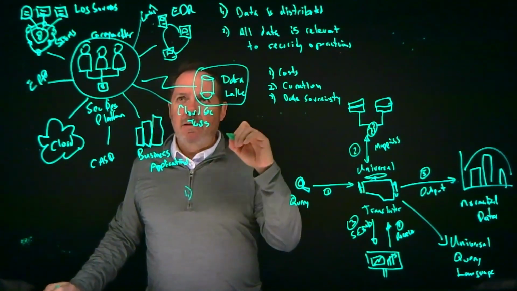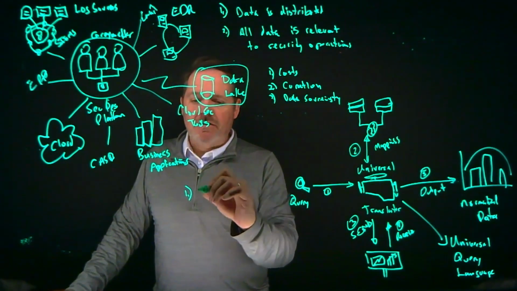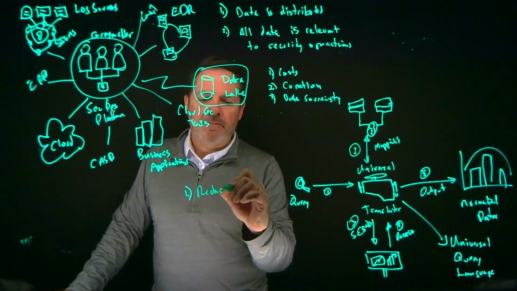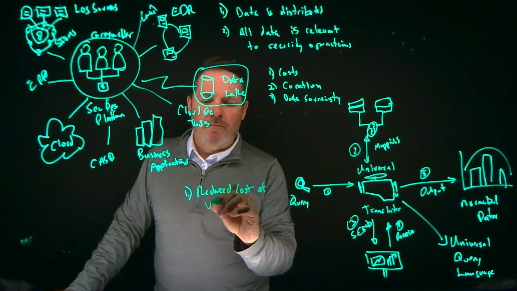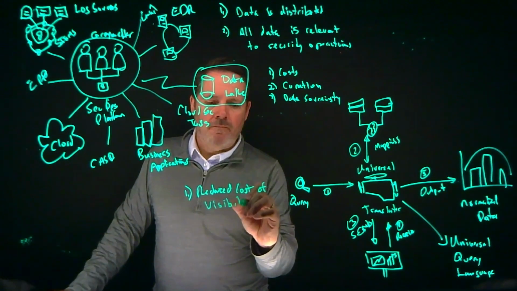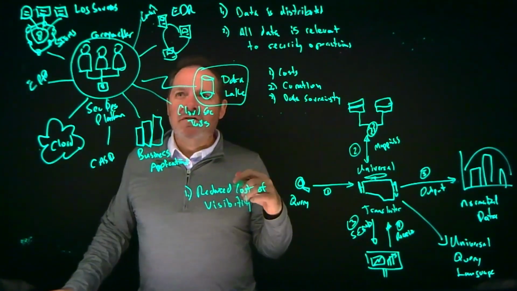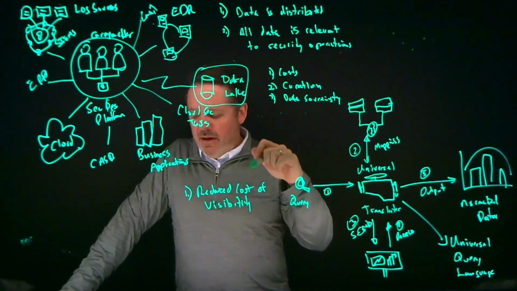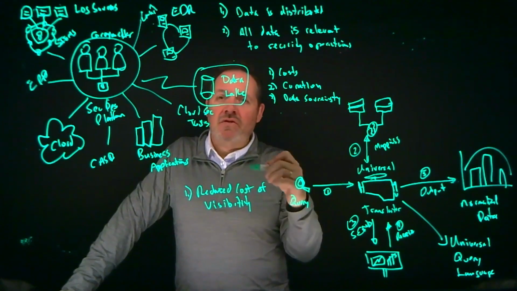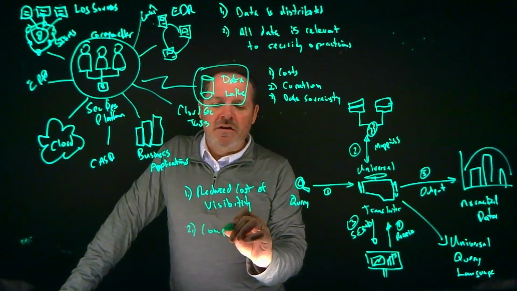One of the things that GreyMatter overall provides you is reduced cost of visibility. That's reducing the cost of trying to manage your data and put it all in one place, so you could also see that as reduced cost of data management in a way. You also have more comprehensive investigations because of this.